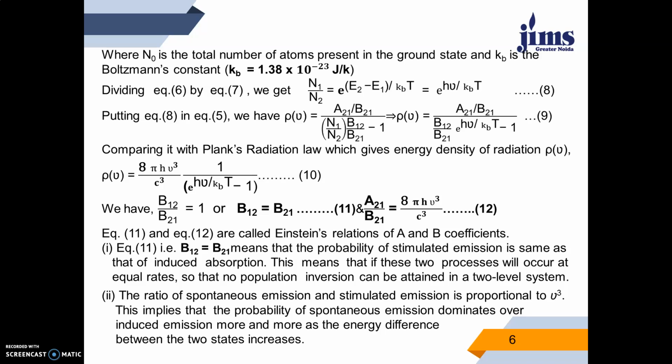Now we compare equation number 9, the energy density of radiation, with Planck's radiation formula, which gives the energy density of radiation. What is Planck's radiation formula? Planck's radiation formula is the energy density of radiation rho nu equal to 8 pi h nu cubed over c cubed times 1 over e to the power h nu over kBT minus 1.